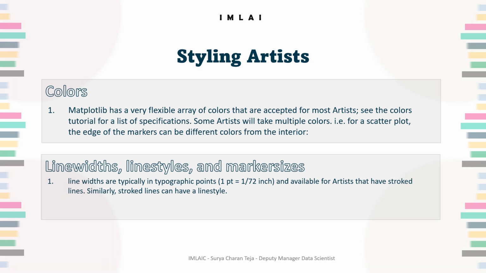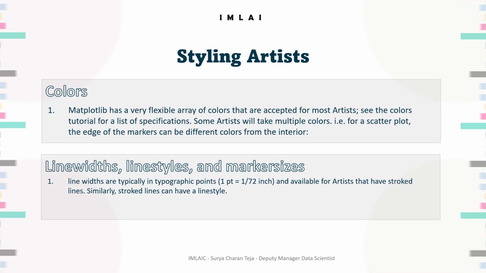Similarly, stroked lines can have a line style. You can find out what all the different line styles are available from the documentation. But before that, we will take one example and then try to understand better.